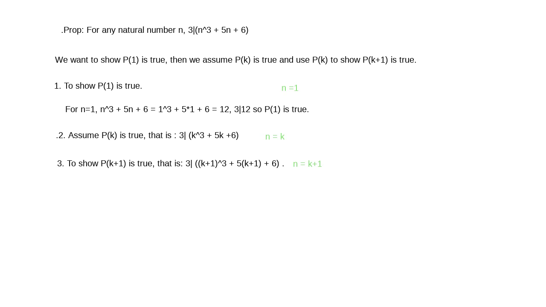All right, let's go back to step 3 and see how we show it. For n equals k plus 1, we just substitute into the expression. So n cubed plus 5n plus 6 becomes (k plus 1) cubed plus 5 times (k plus 1) plus 6.